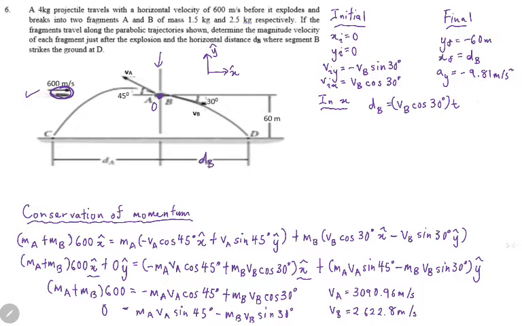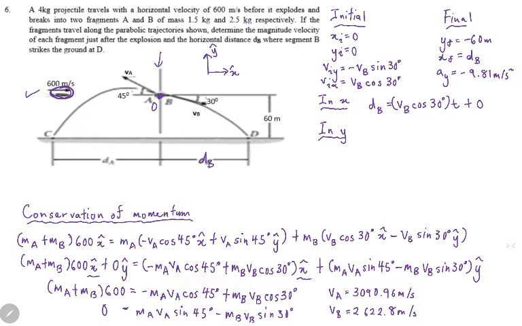Then you have x initial, but since I've set my origin at the point where the fragment separated, it's plus 0. In the y direction, the reason why I'm finding y is because in the x direction I have two unknowns. One is the lateral distance dB, and the other is time. For the time of flight, I can get that information in the y direction.